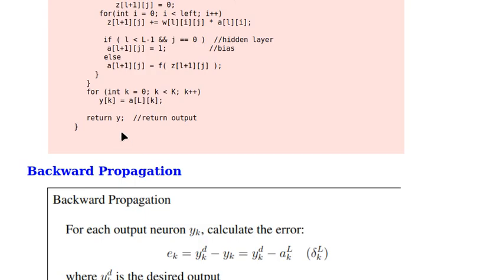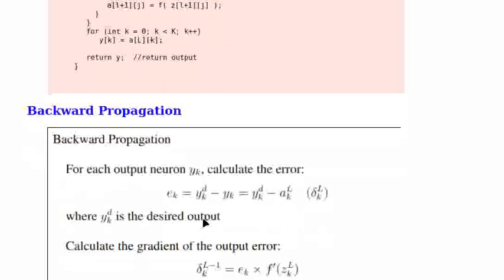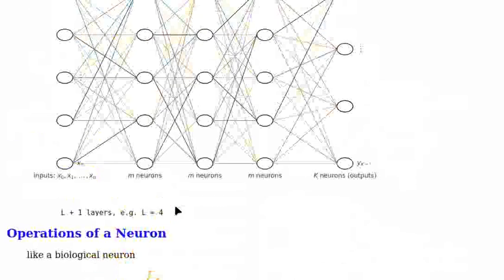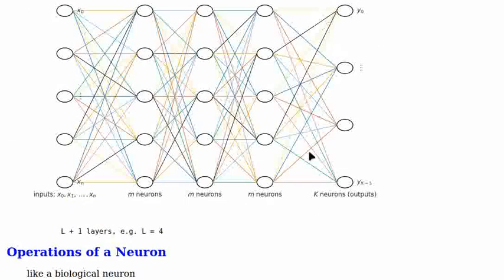After we have obtained the output values from forward propagation, we can compare the values with our desired outputs or targeted outputs, and we obtain some error values, and we use these errors to adjust the weights to the output layer.